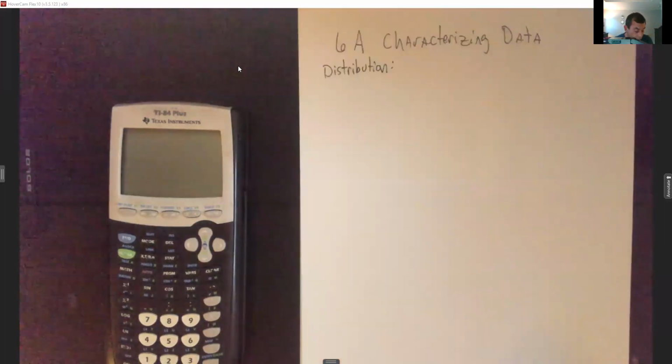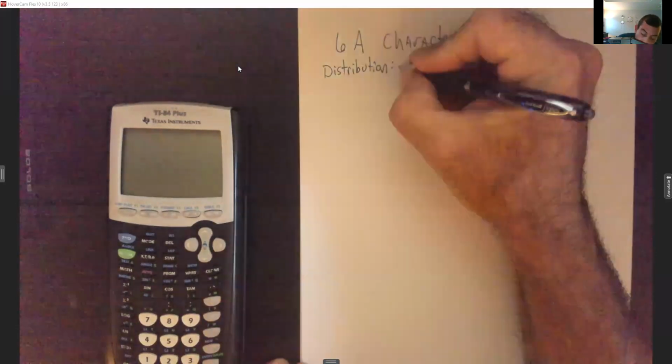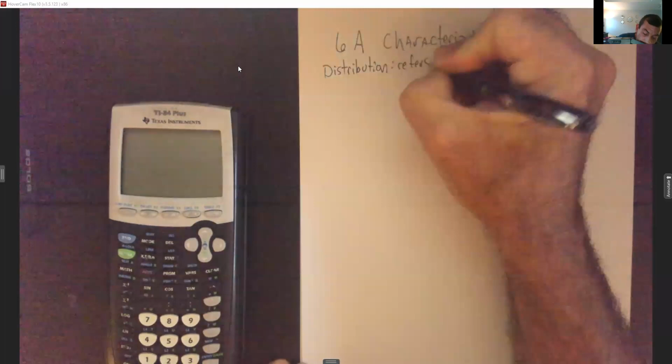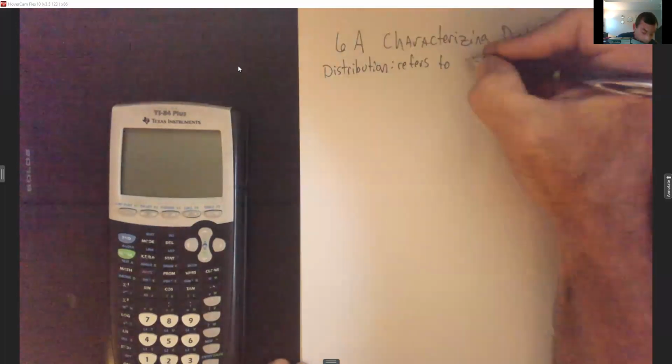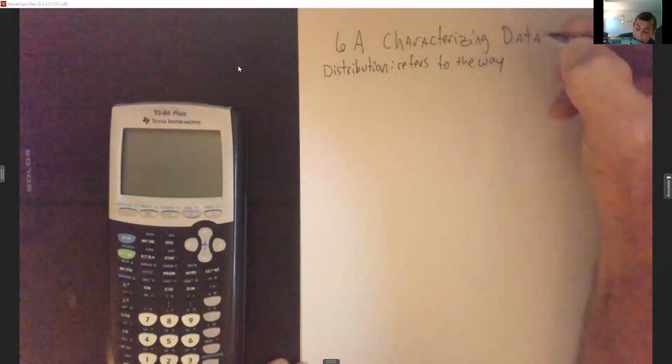So the distribution of a variable refers to the way its values are spread over all possible values.